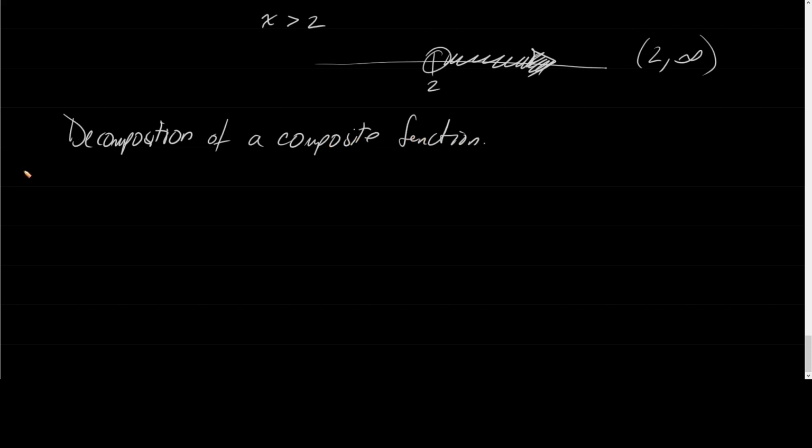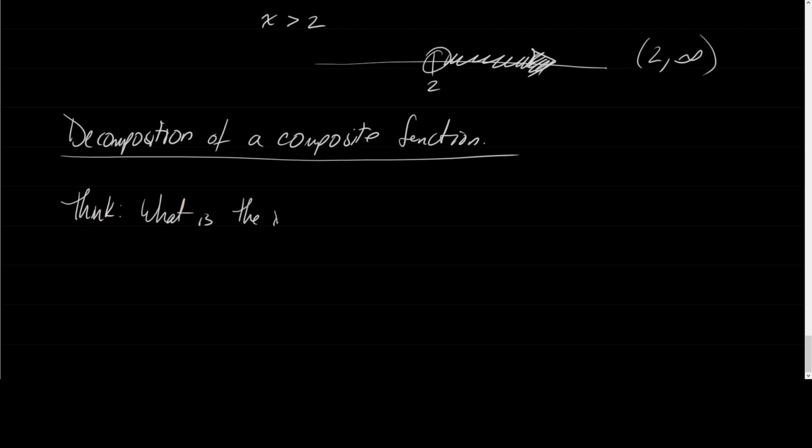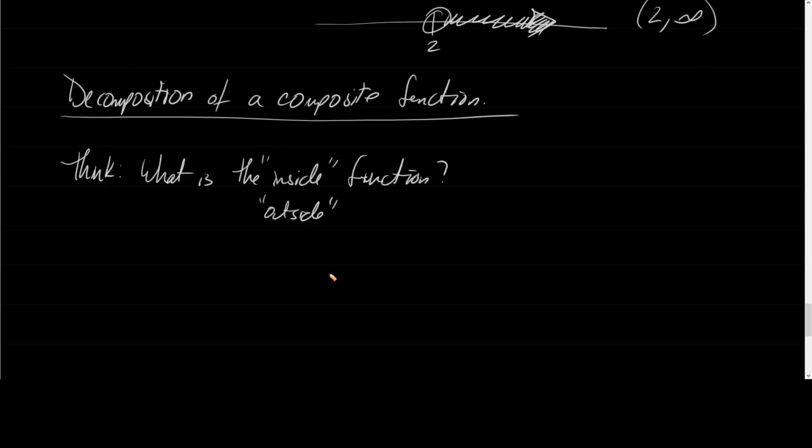Essentially here we want to think to ourselves two questions. What is the inside function? And the second question is, what is the outside function? Which one's the inside function, which one's the outside function?